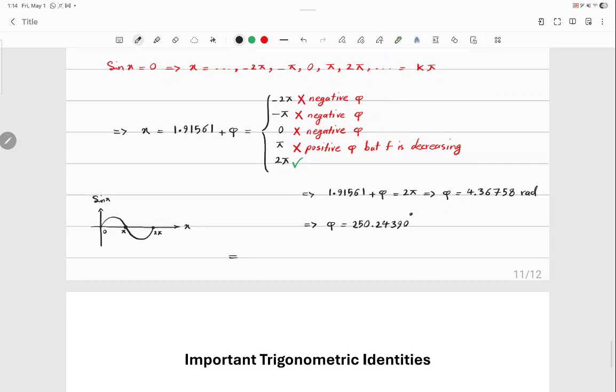And what is your final function? F of t is equal to 10.6 sine of omega, which is 191.56053 t plus 250.24390 degrees.